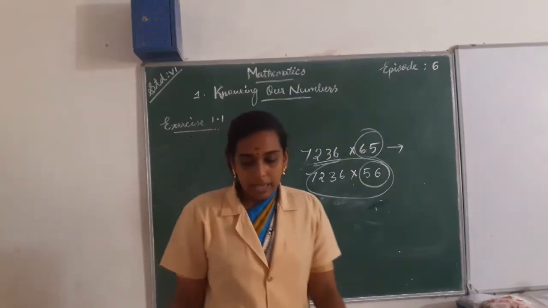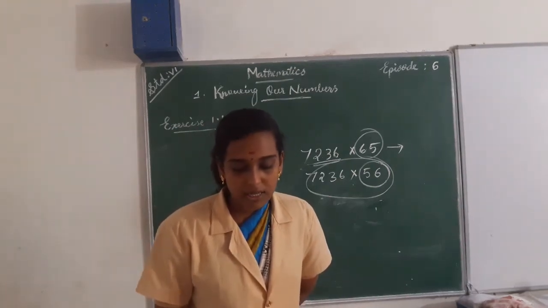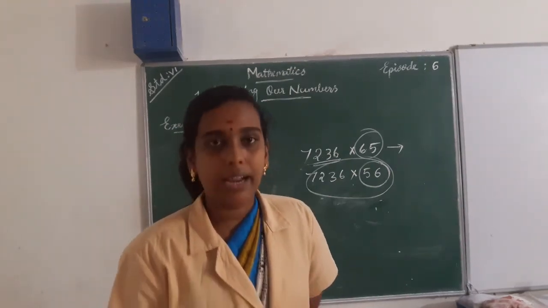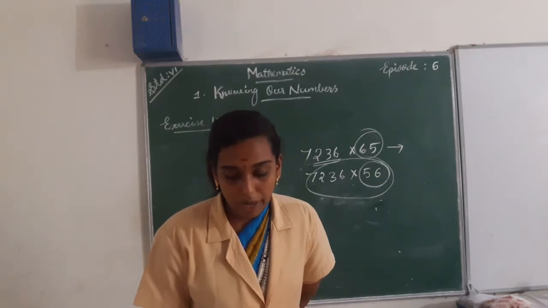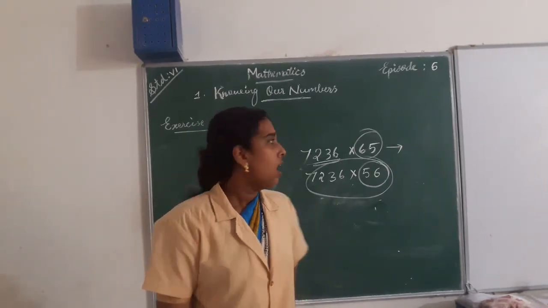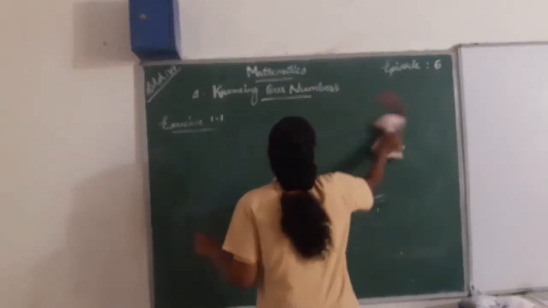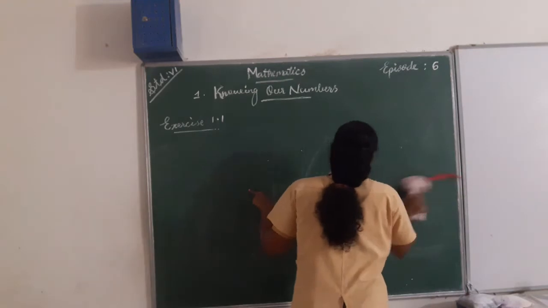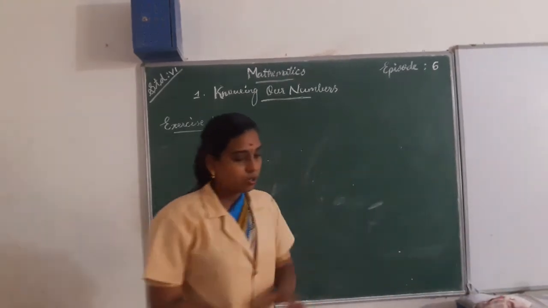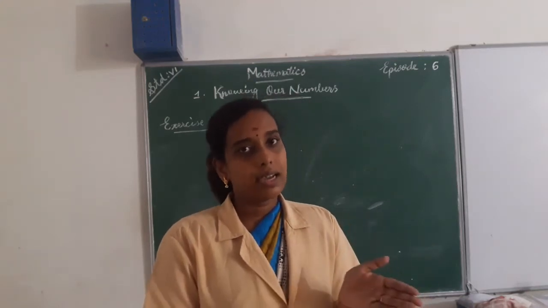In the question we want to find by how much his answer was greater than the correct answer. To find this, we want to find the difference between the correct answer and the incorrect answer.